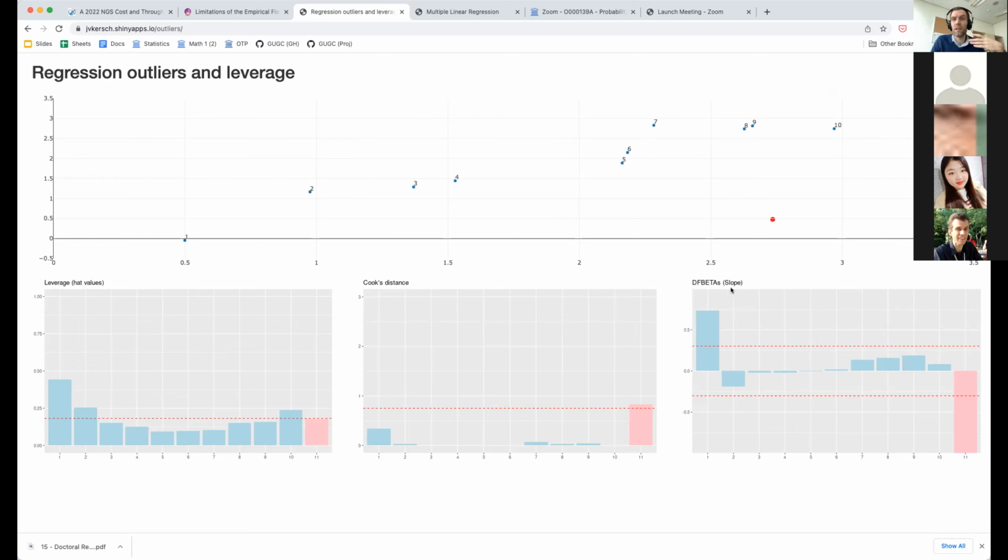I'm only plotting the DFBETAs for the slope because that's what I'm most interested in. And here I have that dashed line at 2 divided by the square root of the number of observations, so 2 divided by the square root of 11. Since this is a very small data set, I should have probably used the fixed boundary of 1, but I didn't.